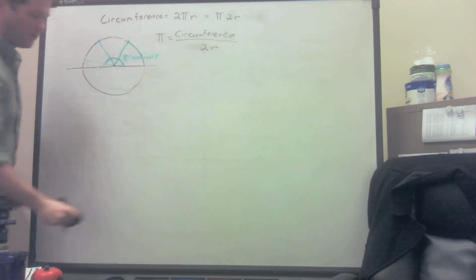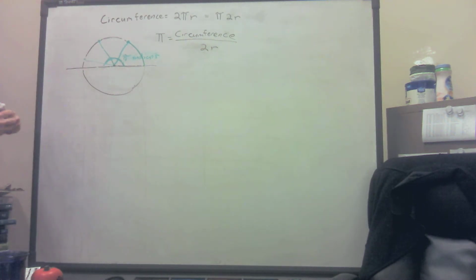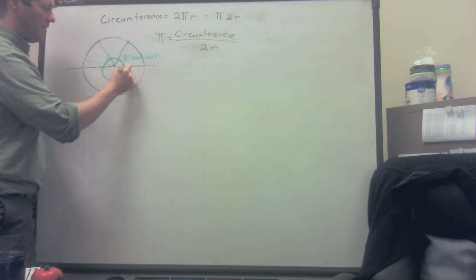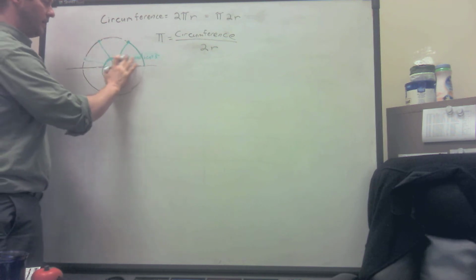So we've got 180 degrees is pi radians. And again, if we kept on going around the rest of our circle, that would give us a total of 2 pi radians.